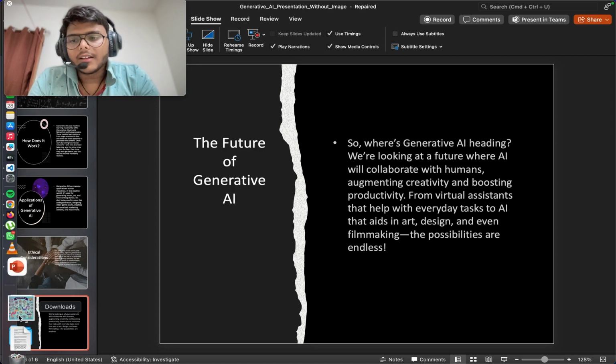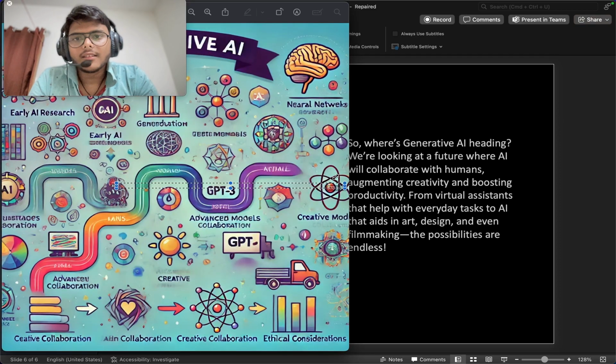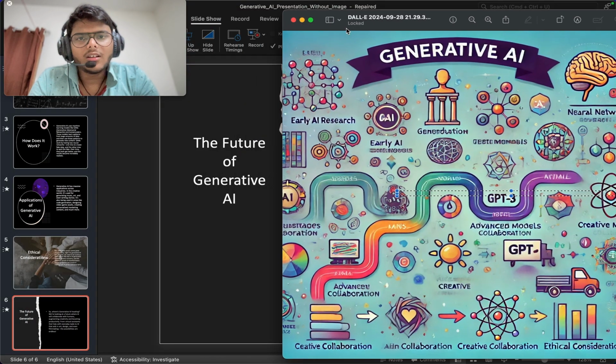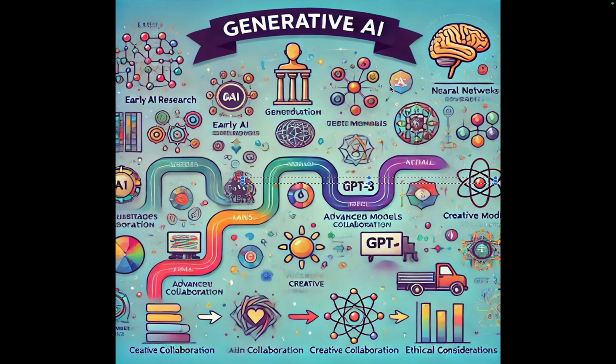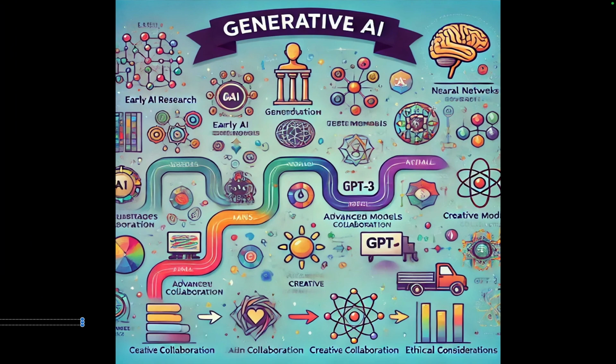What I was planning is to make a simple roadmap for you guys, right? So this is what I got. Yeah, even this is generated by ChatGPT, right? So this is a simple roadmap I was planning.